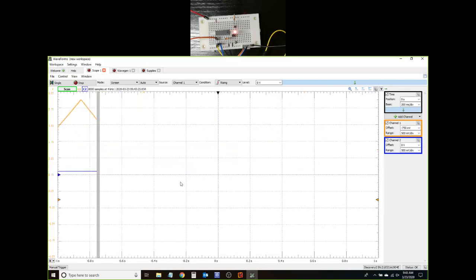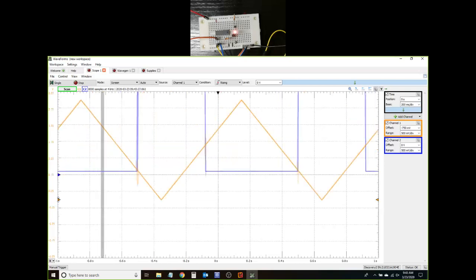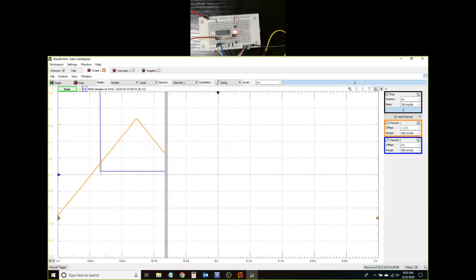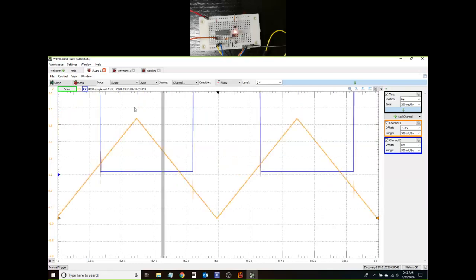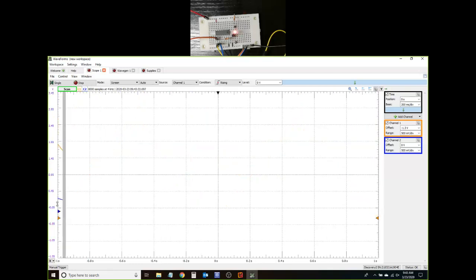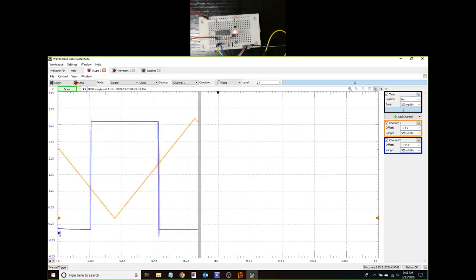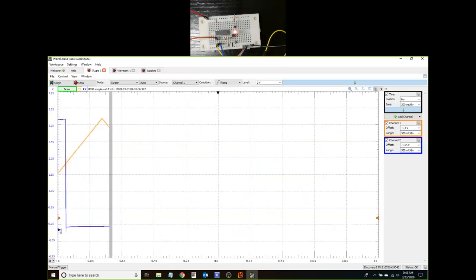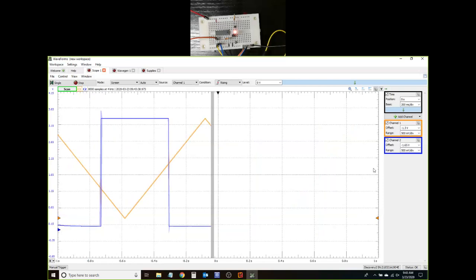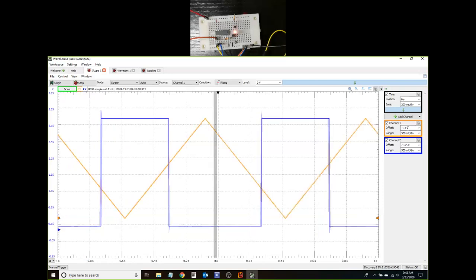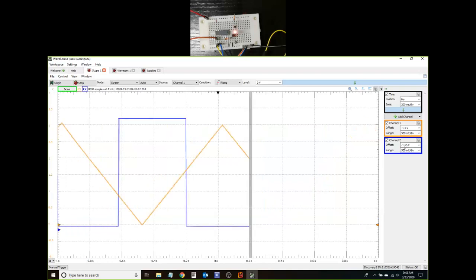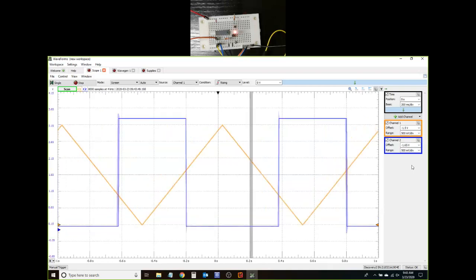Then my input is offset and my output is offset as well. So I'm going to bring those down. And just so that we are able to compare things very evenly, I'm going to make the offset on both 1.5 and 1.5.